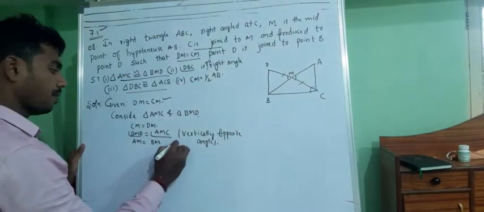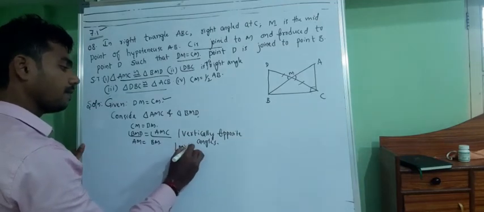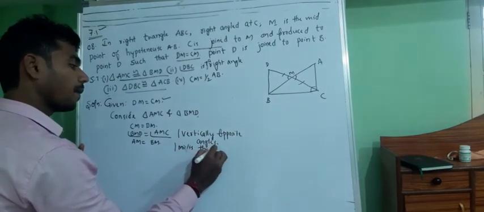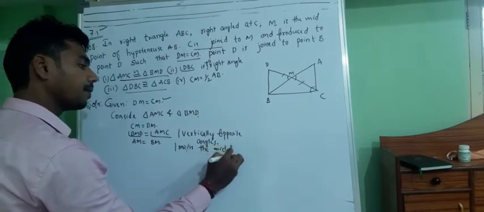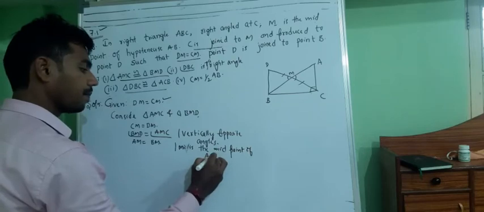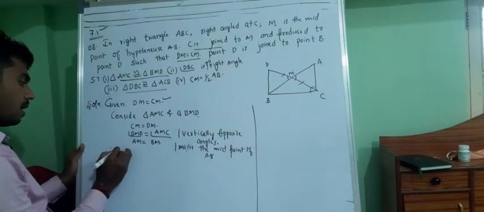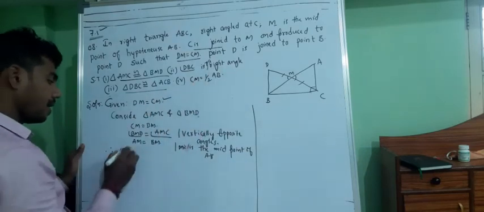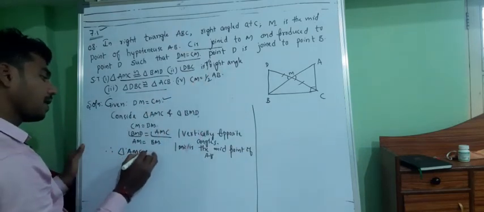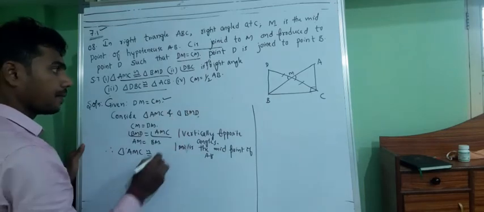So now, what is the reason? M is the midpoint of AB. Next, therefore, triangle AMC is congruent to triangle BMD.